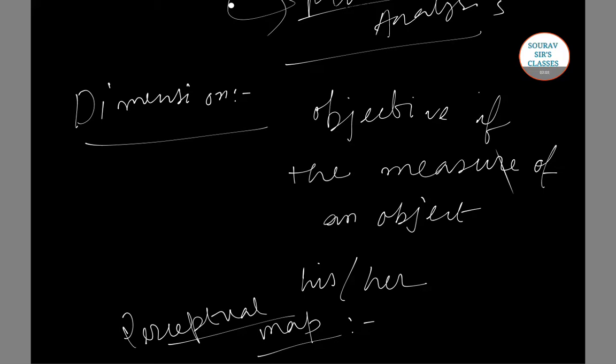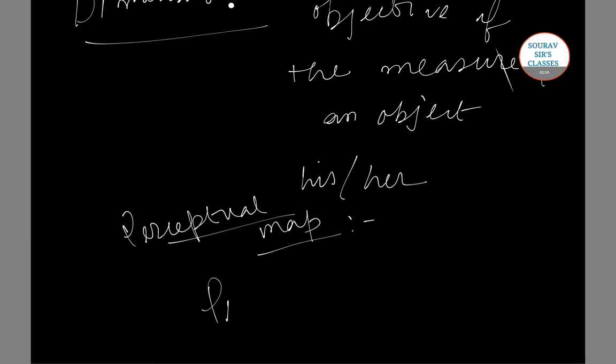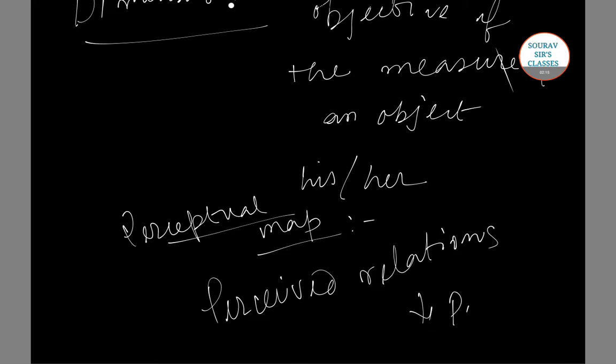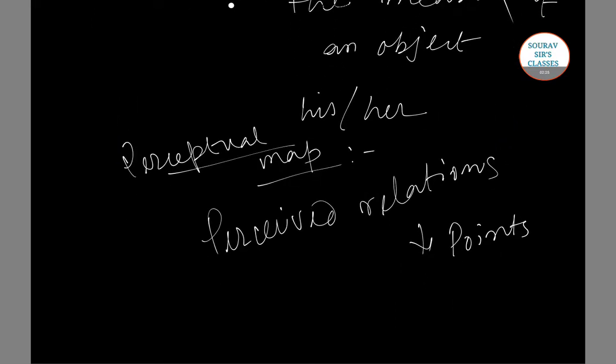Perceived relationships presented as points among products or stimuli are plotted in a multidimensional space. Such a configuration is known as a perceptual map.